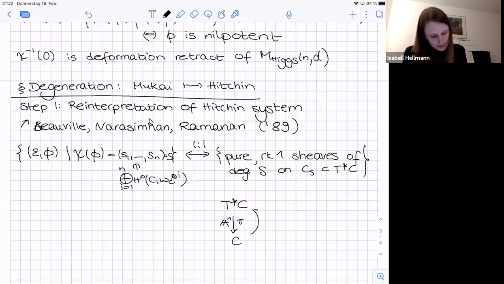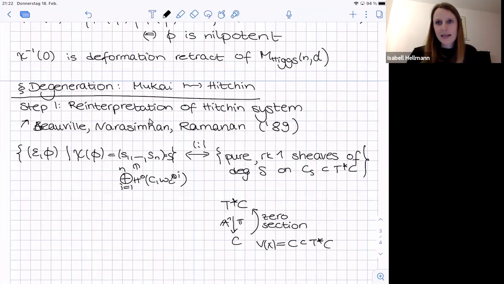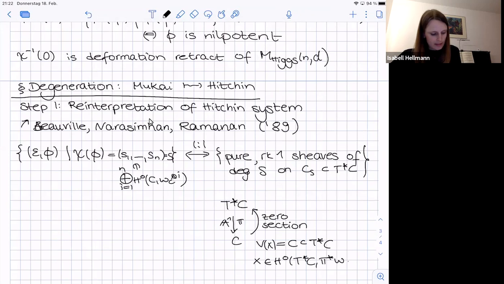And in here I have the zero section. So I write C inside T*C, and I want to fix a section which defines the zero section, so call it x. So x is in pi^* of omega_C. Okay, and then I define C_S as follows.